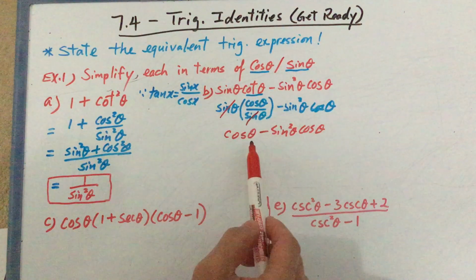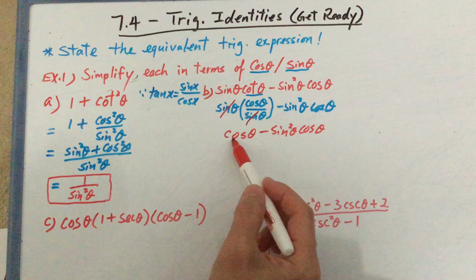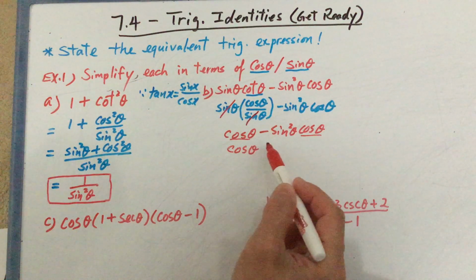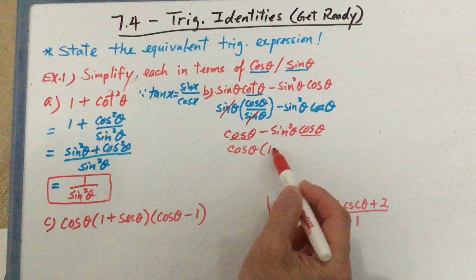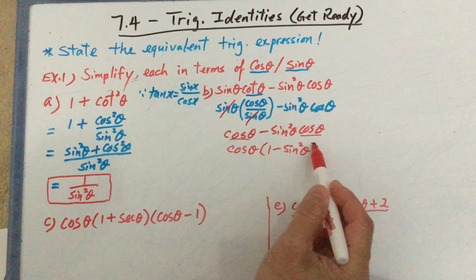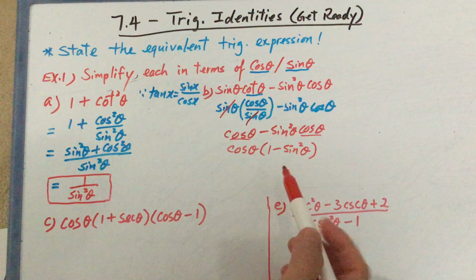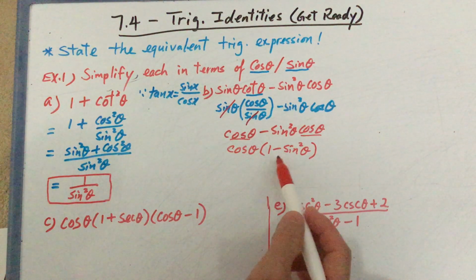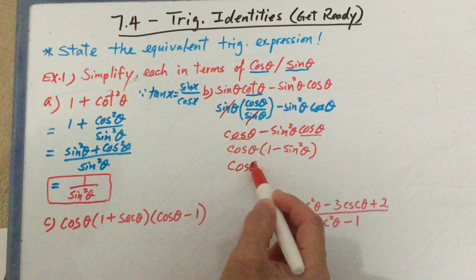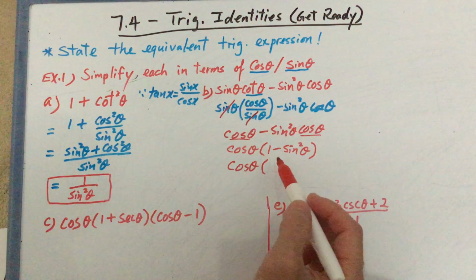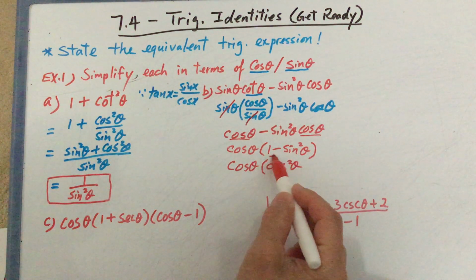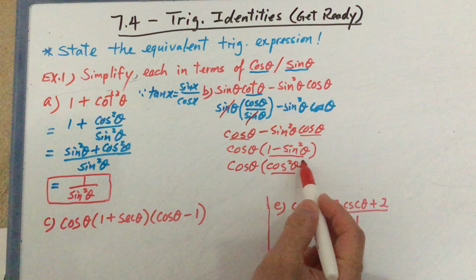So if I'm looking at the common factors, I can take the cos theta out, so that becomes 1 minus sine squared theta. Because of the Pythagorean identities, I know that 1 minus sine squared theta becomes cos squared theta.